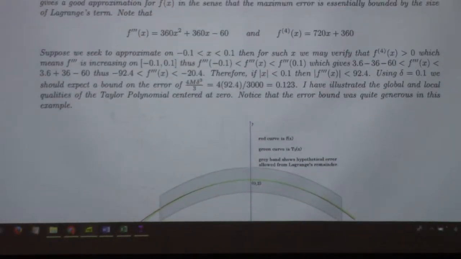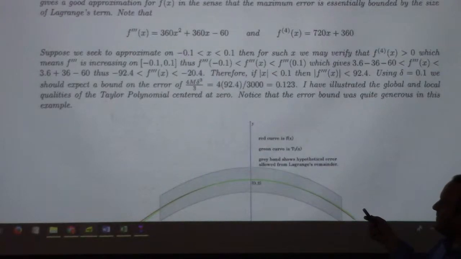So here's a kind of weird example. I take this fifth order polynomial, and I approximate it by the quadratic Taylor polynomial, not at 2, centered at 0.